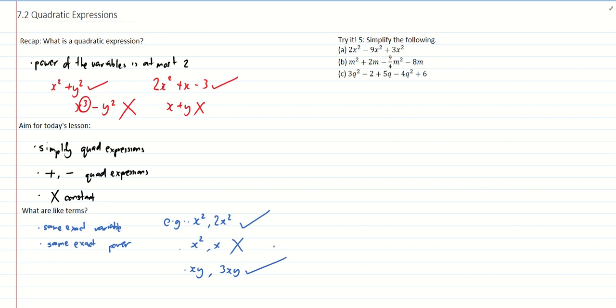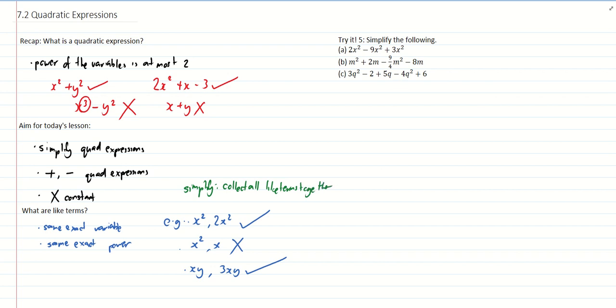So it's not enough for it to be the same letter, you must make sure that they have the same exact power. And to simplify a quadratic expression is to collect all the like terms together, which is what we will be doing in the next example.